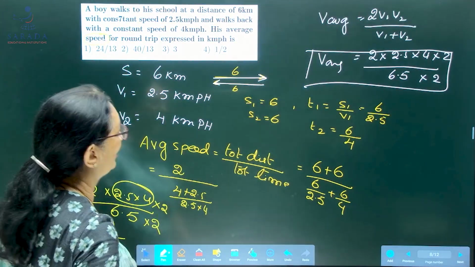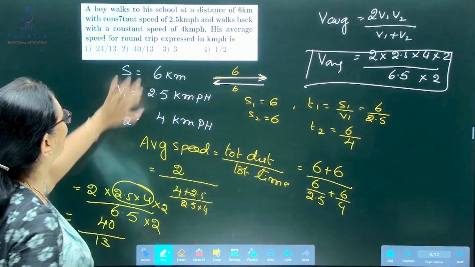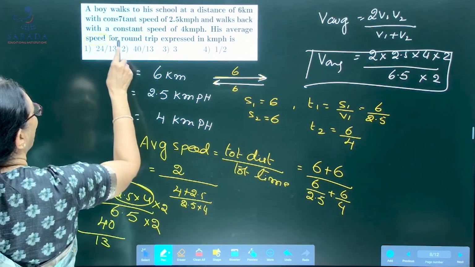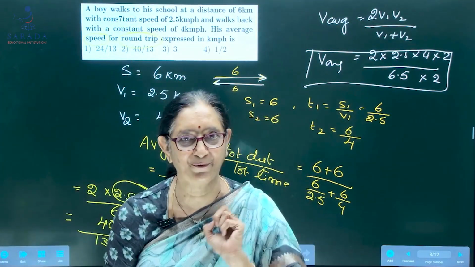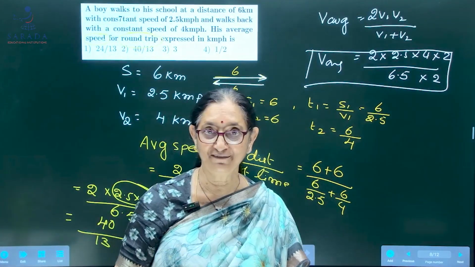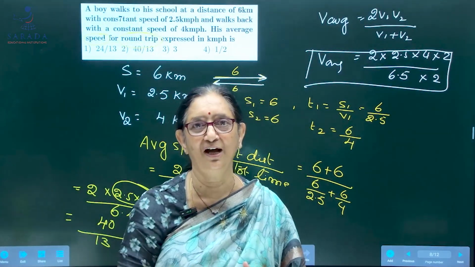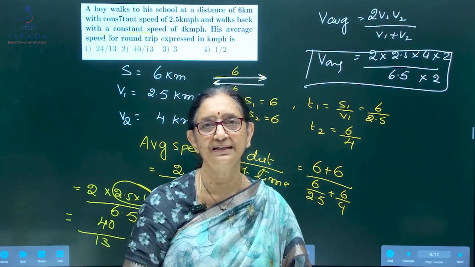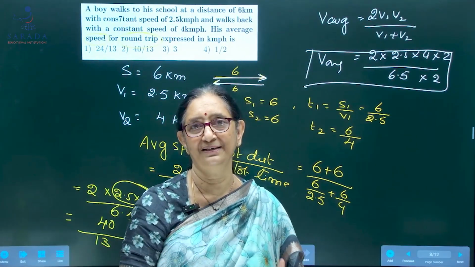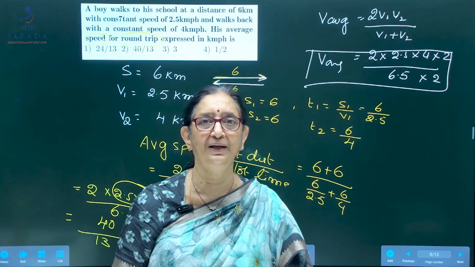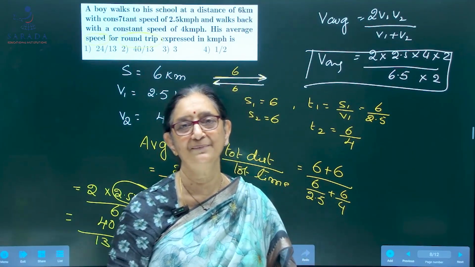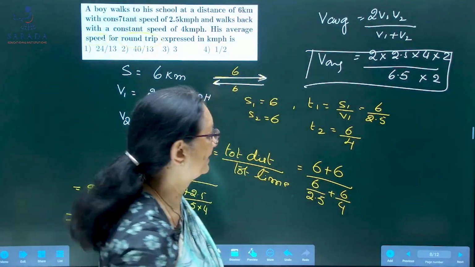For the round trip, average velocity becomes equal to 0, because he is starting from the house and coming back to the house. So the displacement is 0, average velocity is 0. Simply, if that one word is changed from speed to velocity, the answer becomes 0.